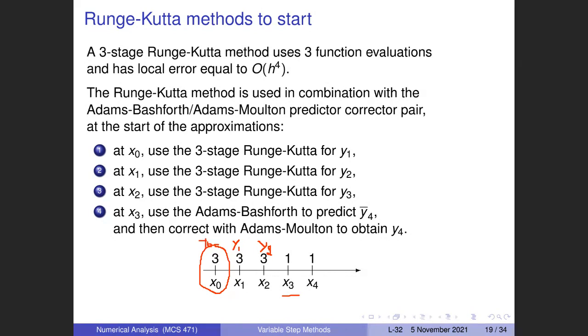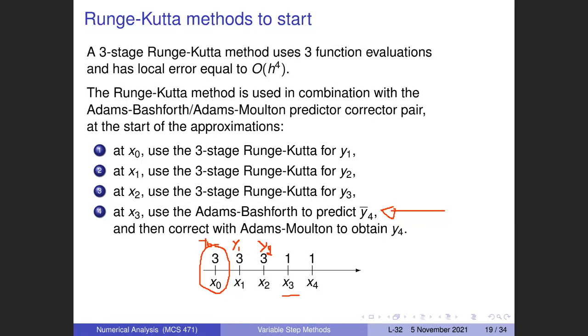At x3, we can use an Adams-Bashforth Adams-Moulton pair. The Adams-Bashforth rule on the previous slide with the 3 function evaluations uses y0, y1, y2. So no new function evaluations are necessary to obtain the predictor, the overlined value for y4.